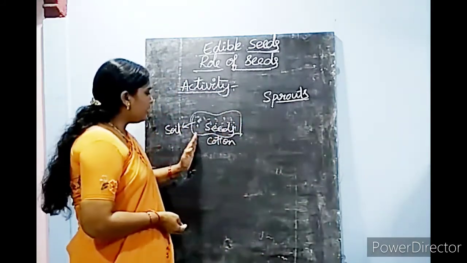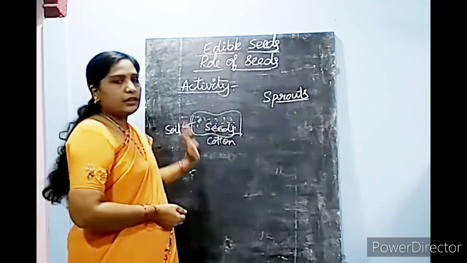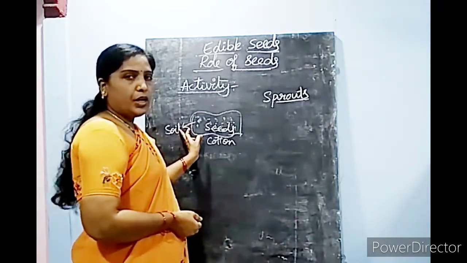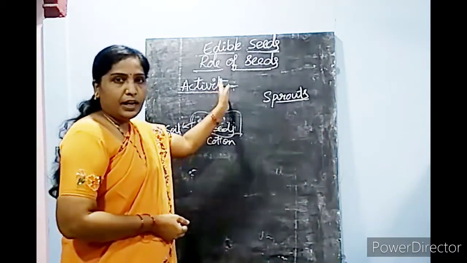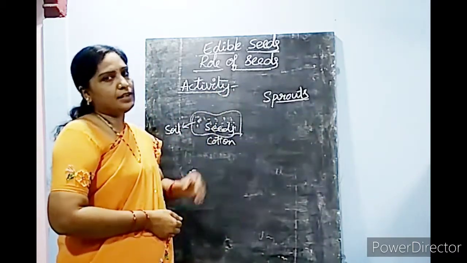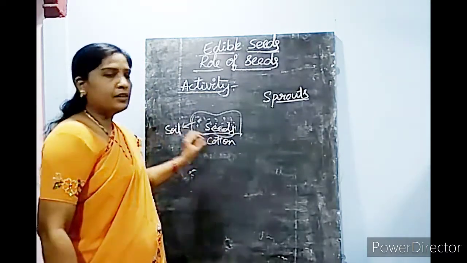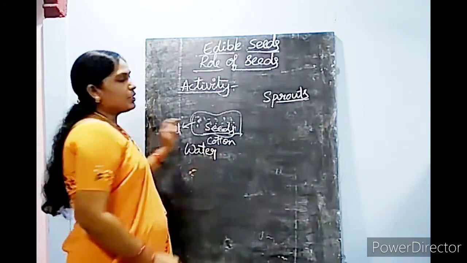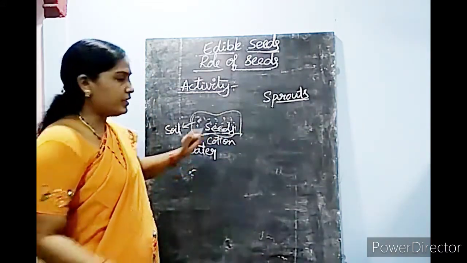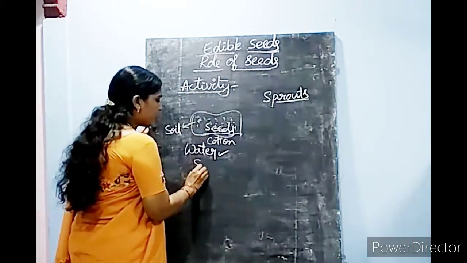In the same way, in this experiment also, you are taking cotton and adding the seeds, covering with soil and keeping outside to let the air and sunlight reach the seeds. So what all are you supplying to the seeds here? You are supplying water. You sprinkle water on the seeds. You added the soil.